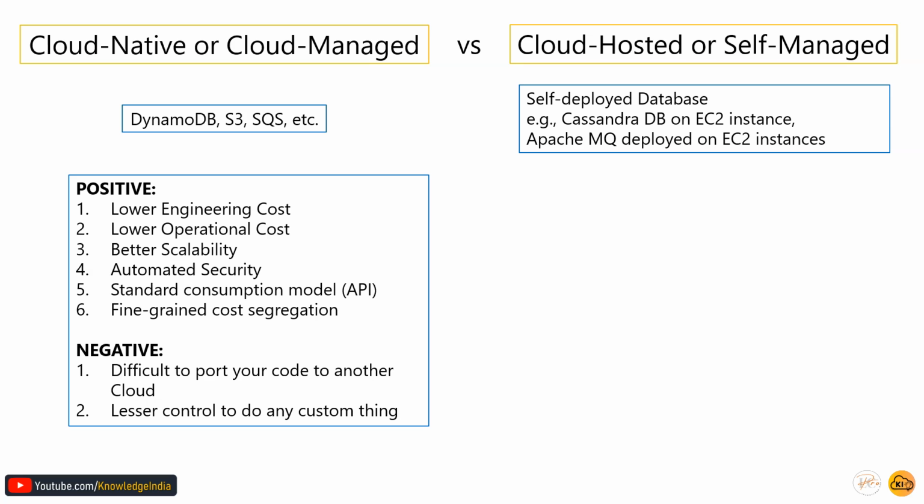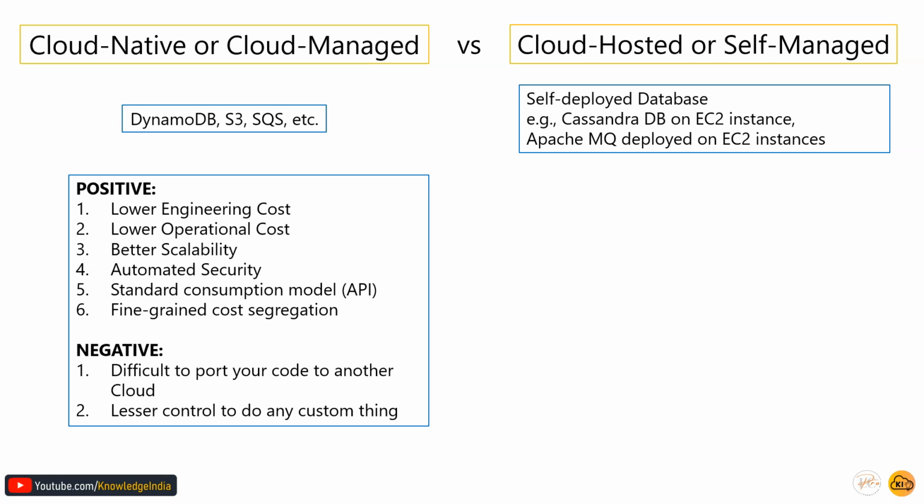But on the negative side, generally, what is seen here is that the code might be difficult to port to another cloud provider. Let's say you have written an application today in Java or .NET, and in that you have used all the APIs of DynamoDB or S3. And let's say now you have to move this application to Azure, or to GCP.